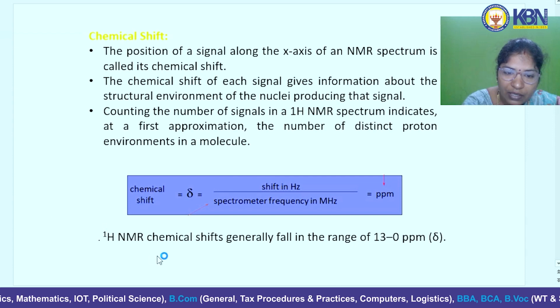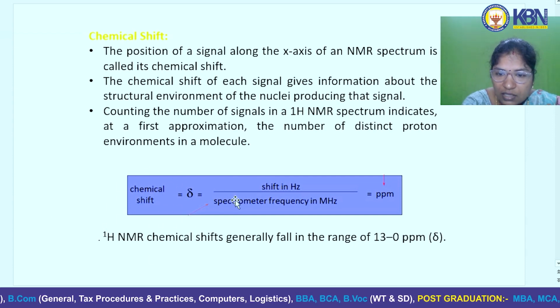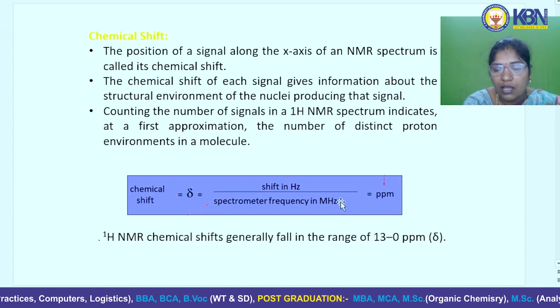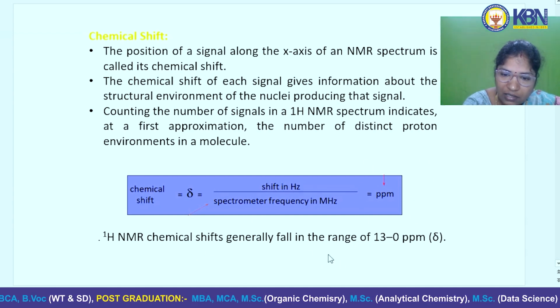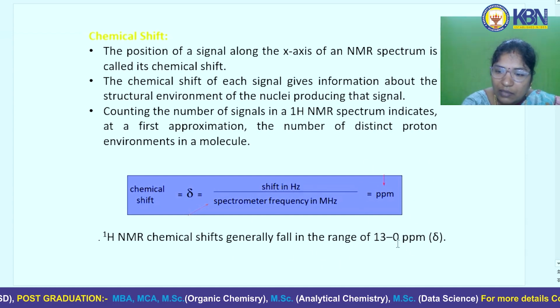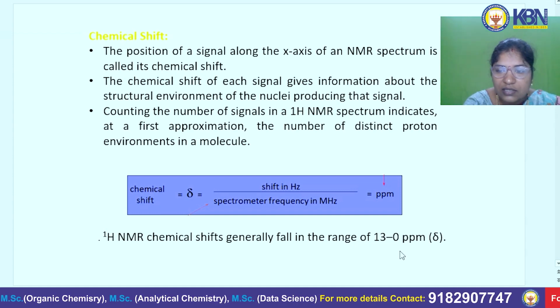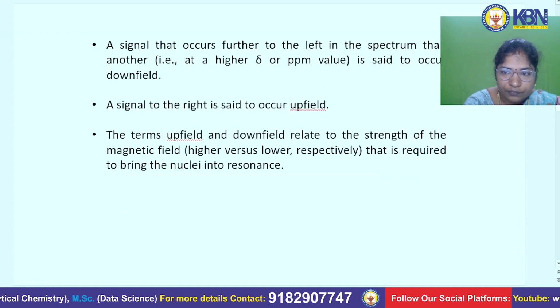Chemical shift is denoted by delta, which is equal to the shift in Hz divided by the spectrometer frequency in megahertz, in parts per million. The NMR scale ranges from 0 to 13 ppm. Tetramethylsilane is the reference compound. It gives the signal at 0, and all the protons are in the same chemical environment.